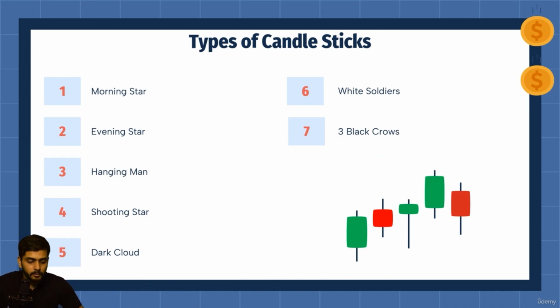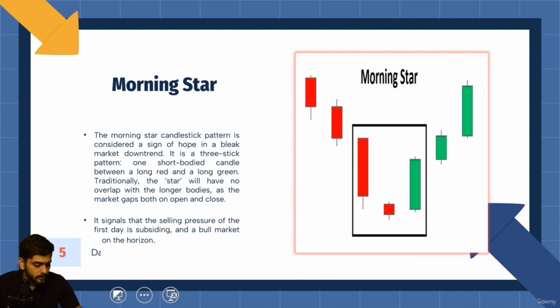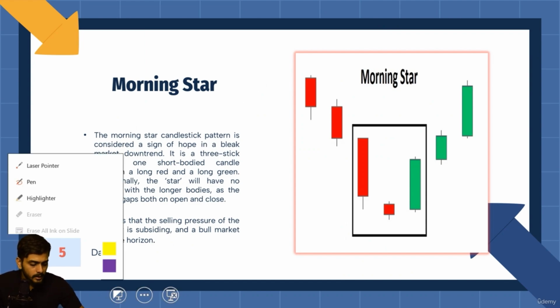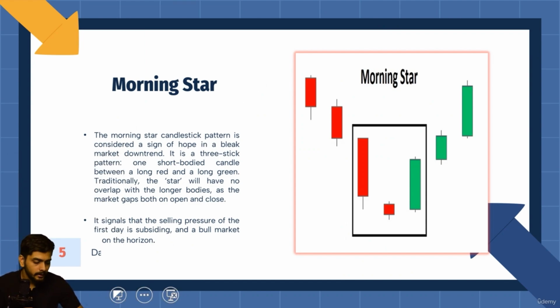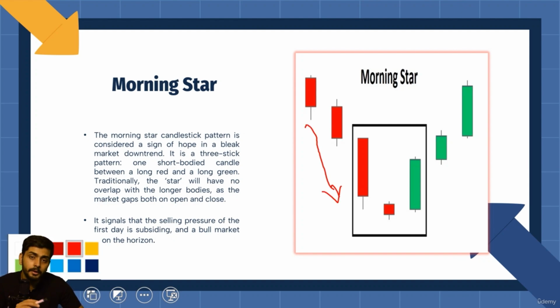So let's get into the morning star, and further on we'll continue in the coming classes. Morning star will somewhat be a pattern like this. The market will be falling; generally it will be formed in a downtrend. The market will start falling and give a big red candle.